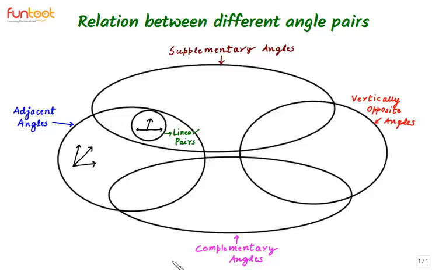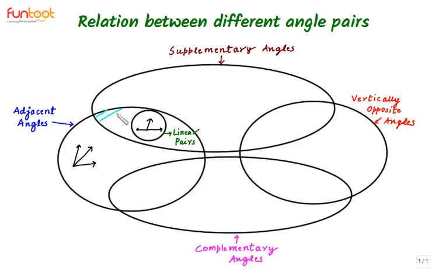Next thing which comes into our mind is, are all supplementary angles adjacent? Not all. Only linear pairs are the angles which are supplementary also and adjacent also. That is why the circle representing linear pairs is inside the common region of supplementary angles and adjacent angles.